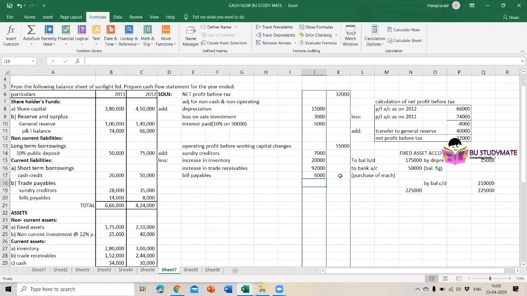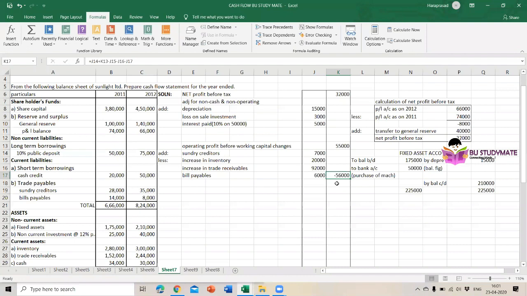Okay, now we have the total amount, it is minus 56,000.